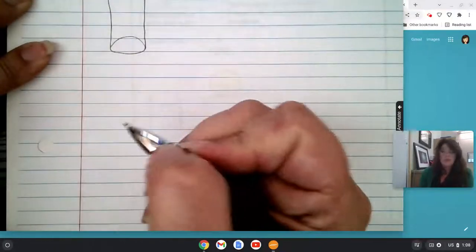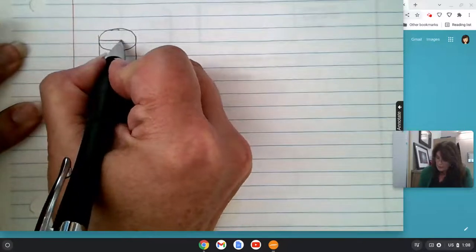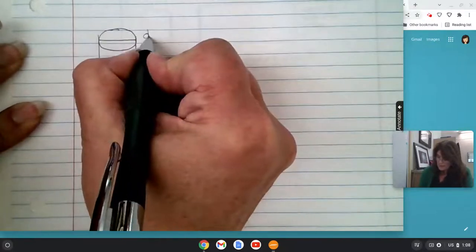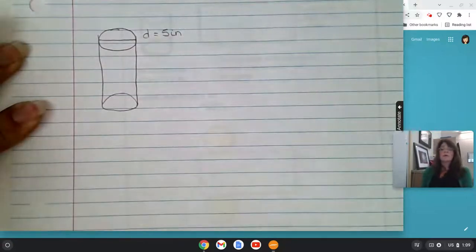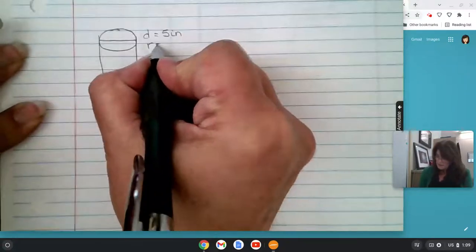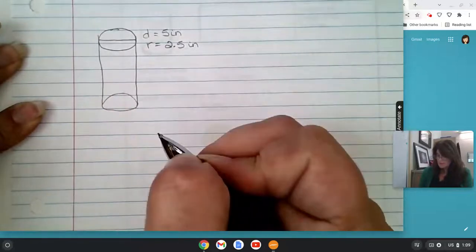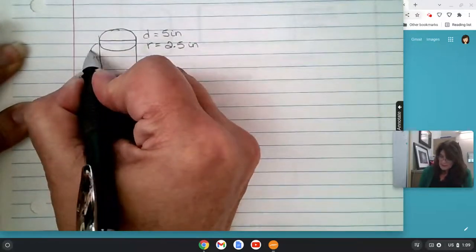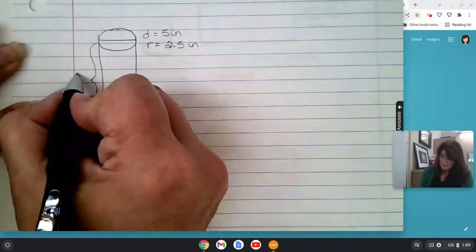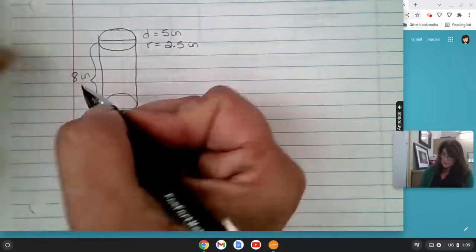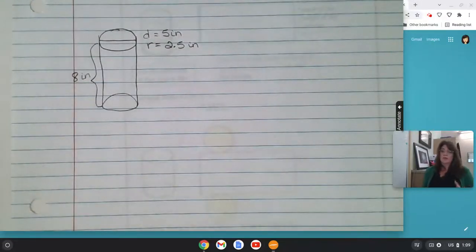By rough measurements, because I measured it myself, diameter is 5 inches. Therefore, the radius is 2.5 inches. The height is 8 inches.